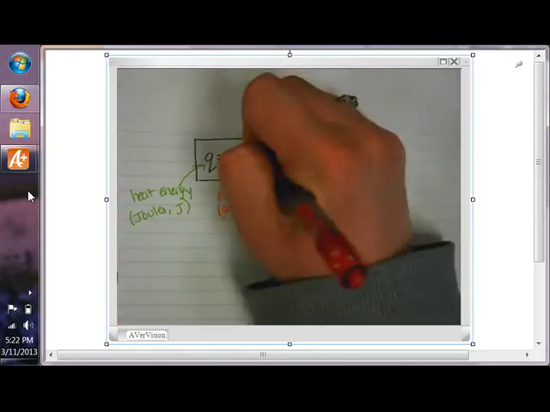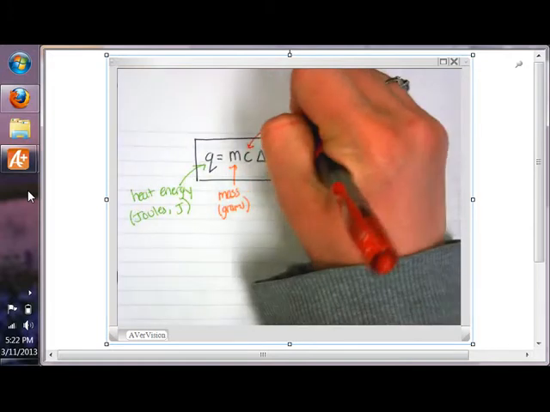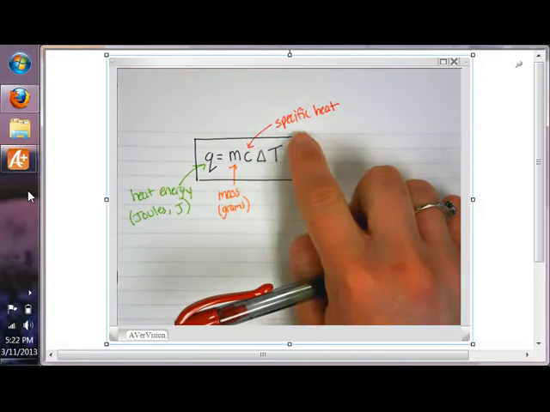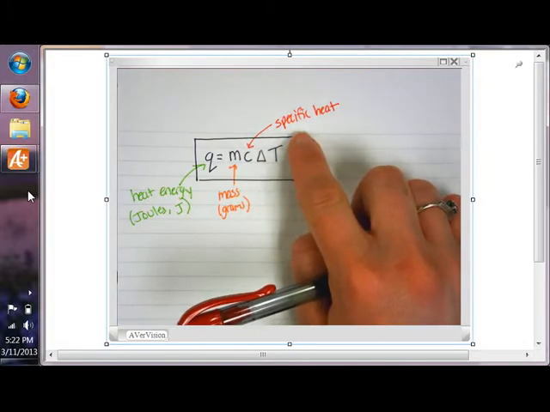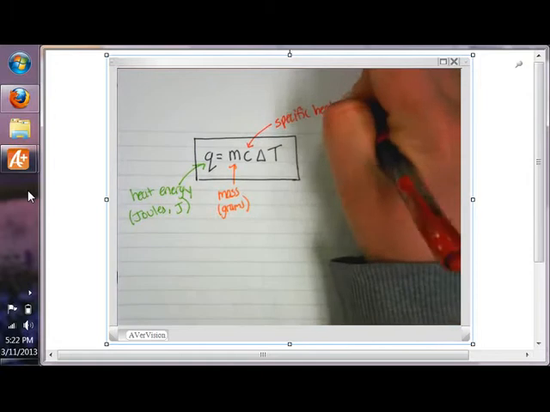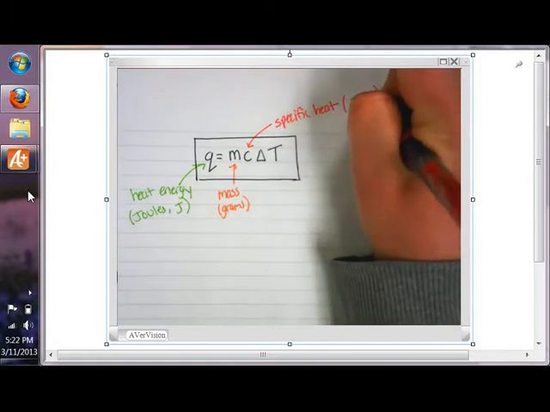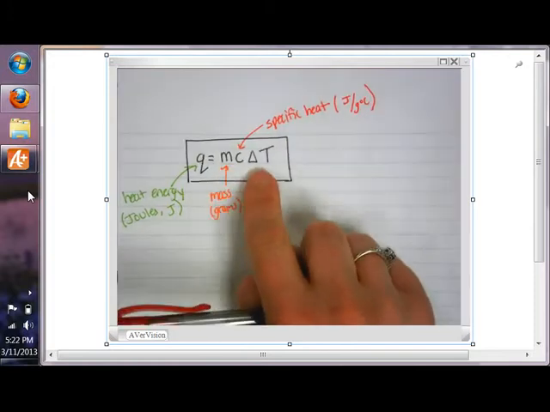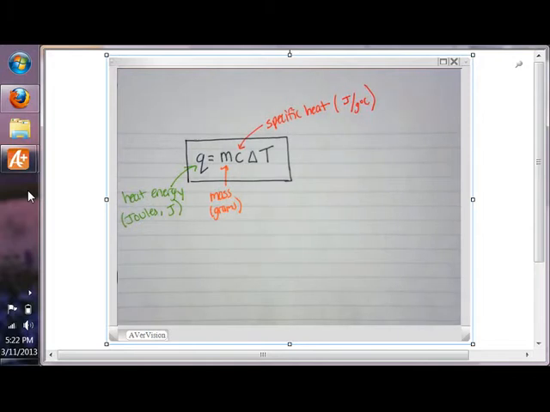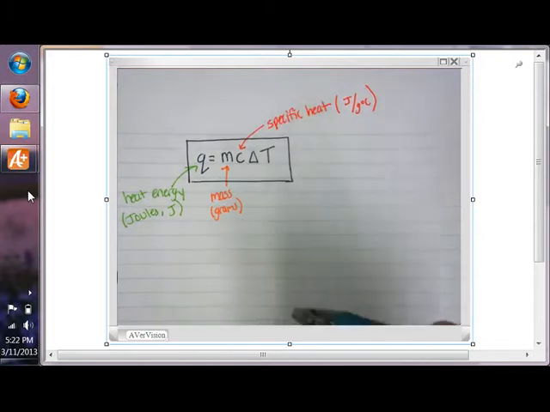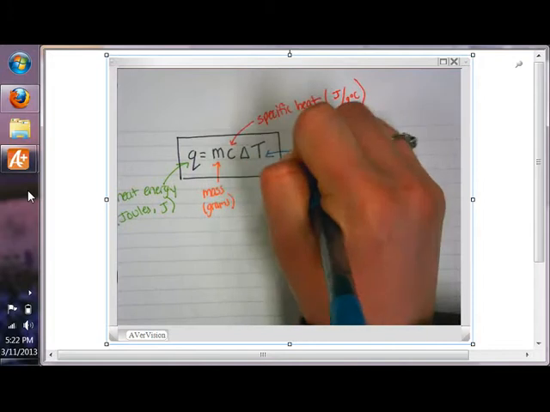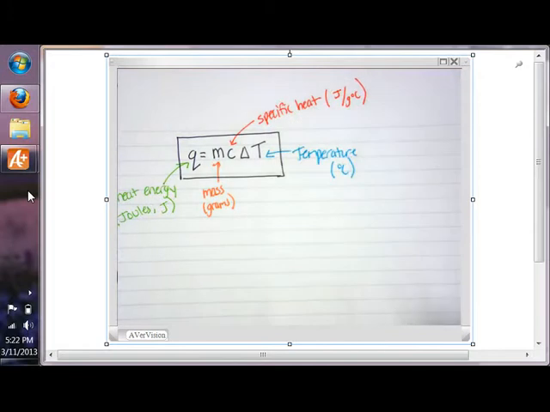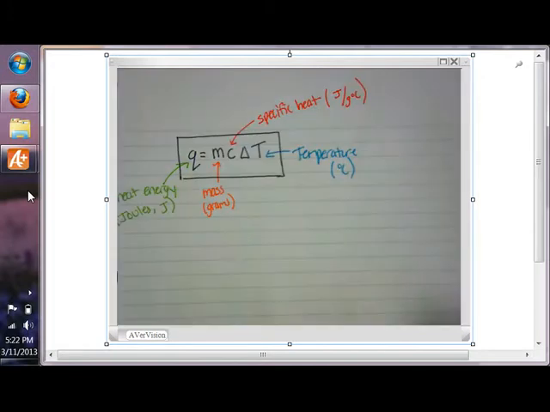C, that is the specific heat, and it changes for every substance, and the units of it are joules all over grams degrees Celsius. So for every problem they'll give you the C. And T means temperature, and it's in degrees Celsius. Only the gases we did in Kelvin.